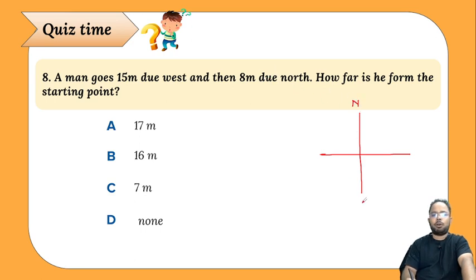So this is, let's say, north, south, east and west. Think upon it and get the answer. Make a pause, solve it and write the comment what the answer you are getting.